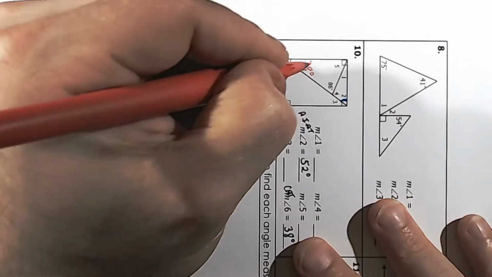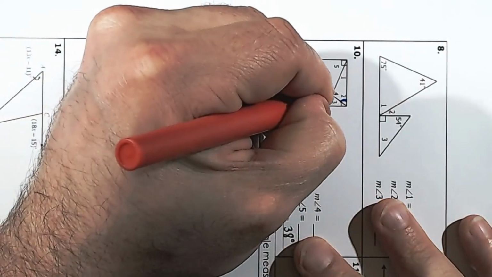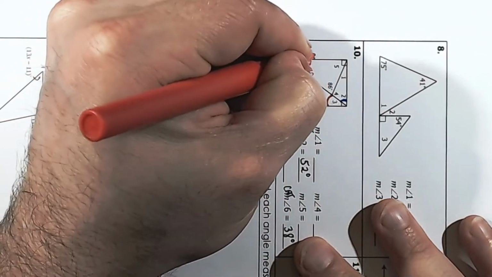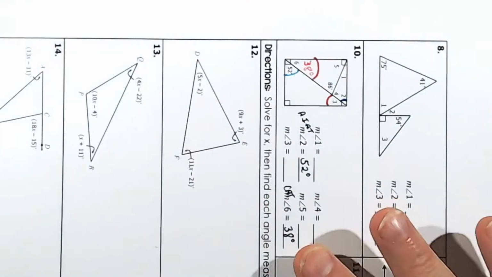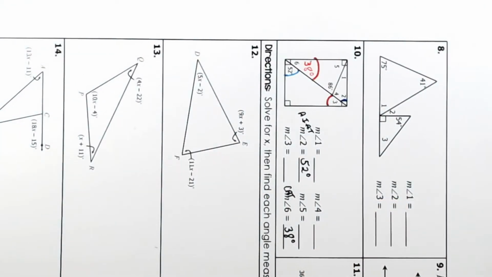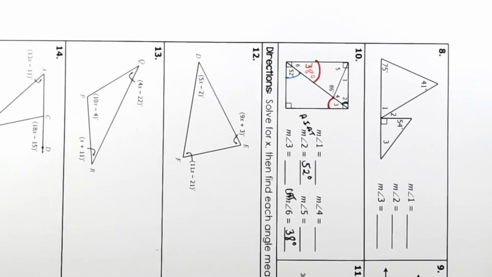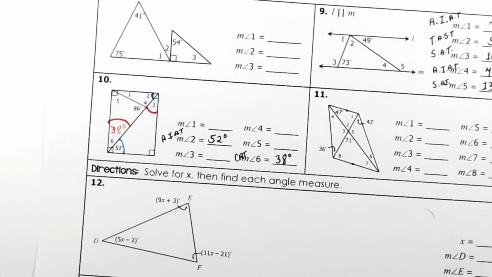So that means that angle 3 is equivalent to angle 6. And angle 6 was 38 degrees by the complementary angles theorem. So by the alternate interior angles theorem, we can prove that angle 3 is also 38 degrees.